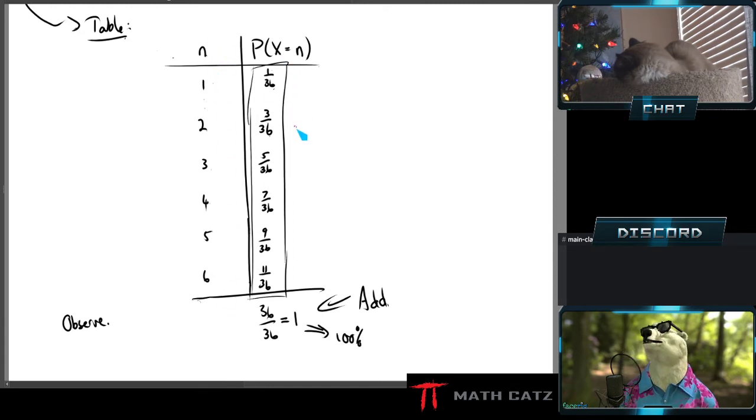And I can use as a check, if I need to find these probabilities, I can check by adding them up, do they add up to 1? Now, it's not a guarantee that if they do, I'm correct, but if they don't add up to 1, I did something wrong for sure. It could be that one of these probabilities is wrong.